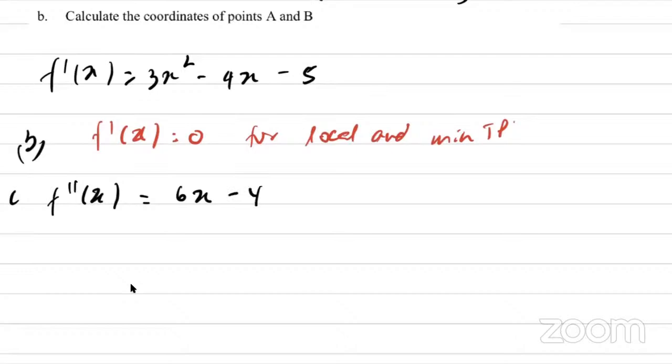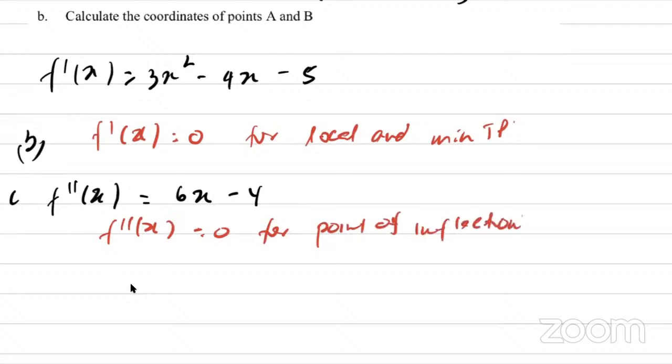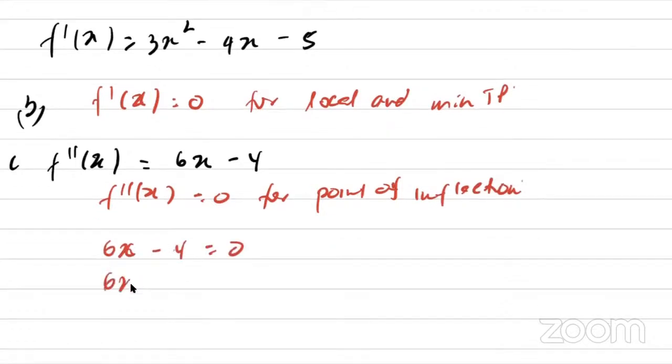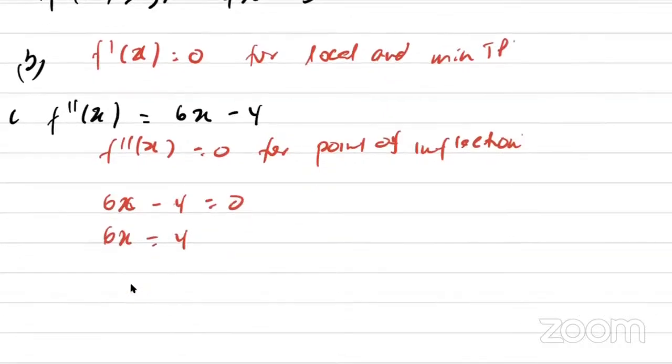Cool. So at 6x minus 4, obviously we're looking for it to be equated to 0 for the point of inflection. We take 6x minus 4 equals 0, then 6x equals 4, and then x equals 4 upon 6.